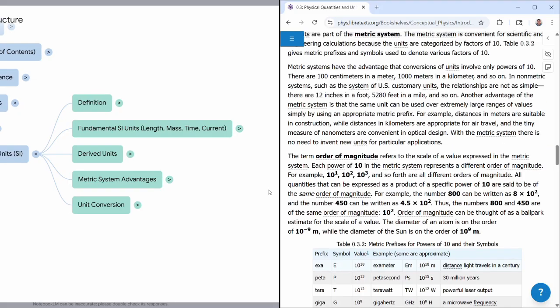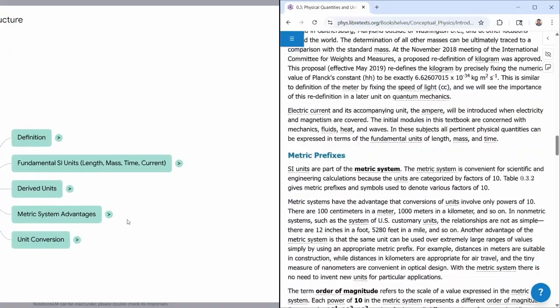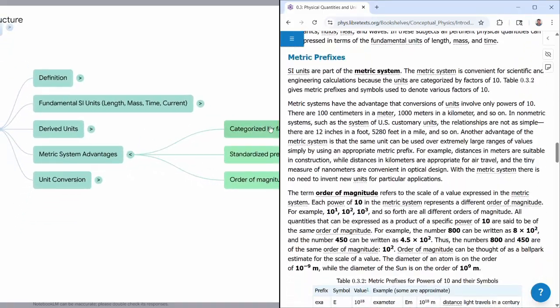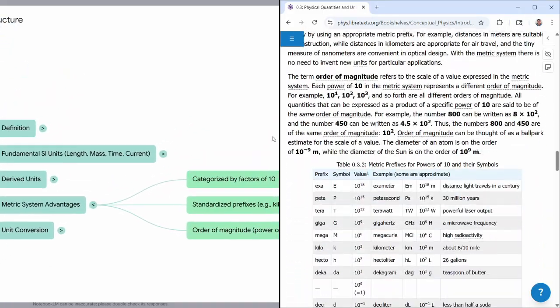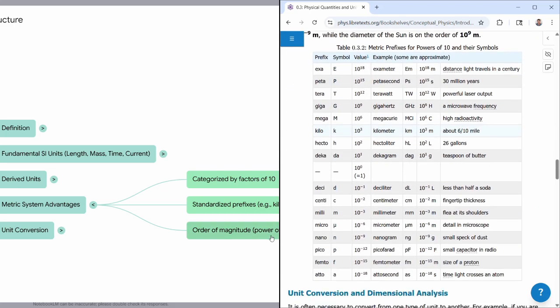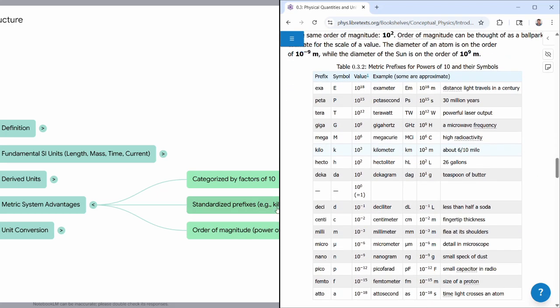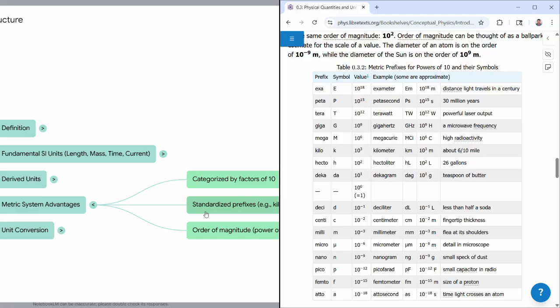The chapter also talks a little bit about advantage of metric system, and I guess it comes down to the metric prefixes that give a different power of 10 scale, the kilo, milli, nano, the standardized prefixes. I hope you will memorize some of them if you haven't already. But the physics being fundamental science, we are not big on memorization.